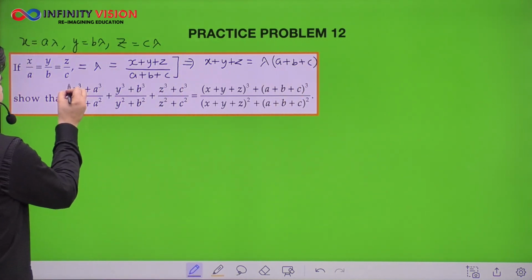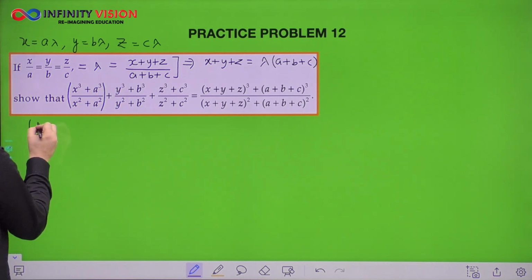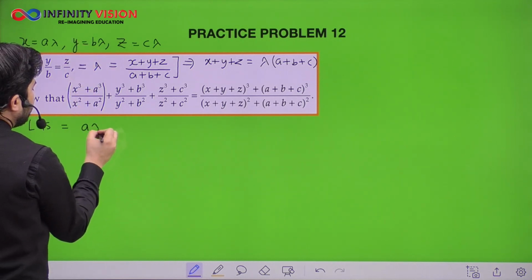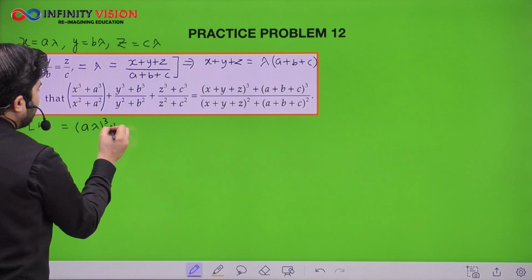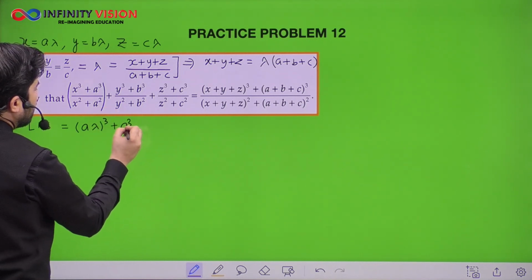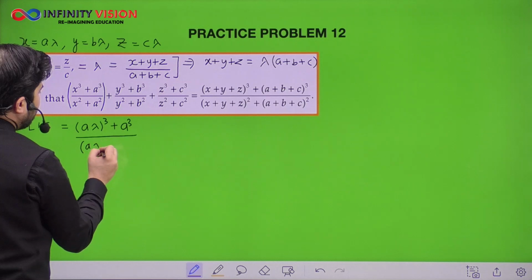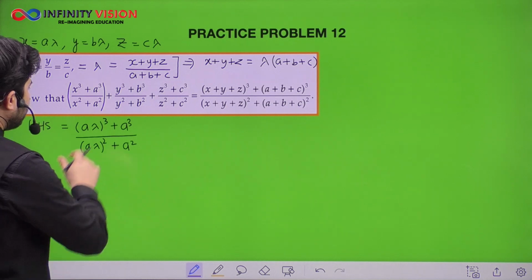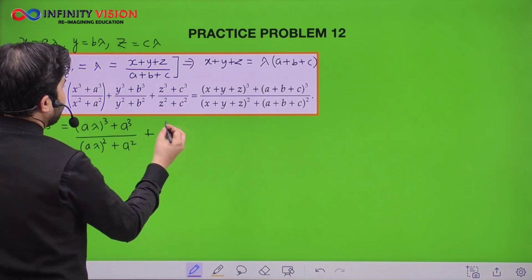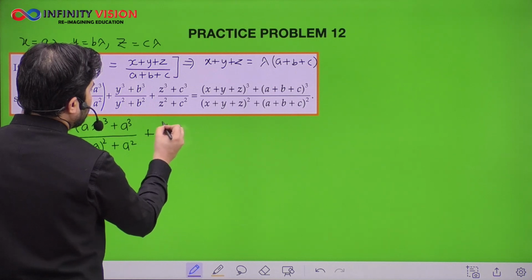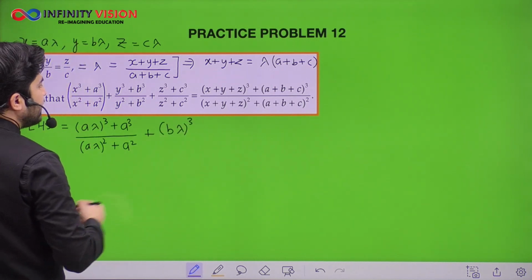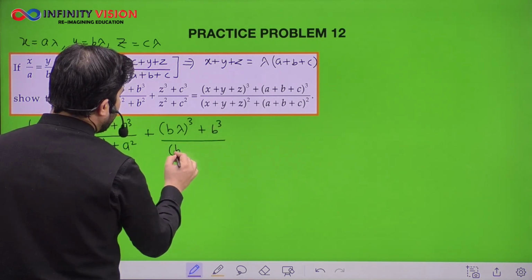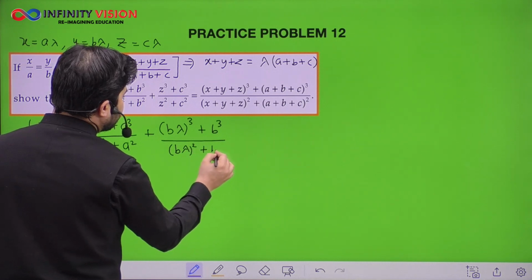Now, if I look into the left hand side of the equation, the first term, x cube, will be replaced by a lambda, so a lambda whole cube plus a cube upon a lambda whole square plus a square. Similarly, the second term would be b lambda whole cube, because y is nothing but b lambda, plus b cube upon b lambda whole square plus b square.